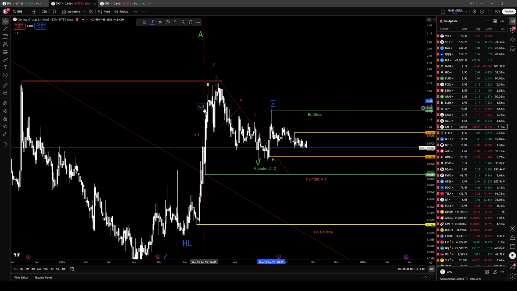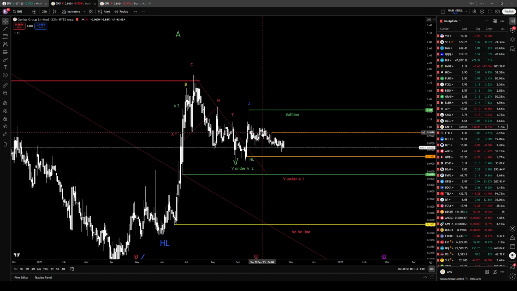But for the bullish version, this is your A, your V under A is finished, your high low is finished, you would be already in your breakout, you already did your little A, and this should be finished right now. Confirmation levels would be 90 cents, and then absolutely confirmation levels would be 127. You would bounce here and go up.